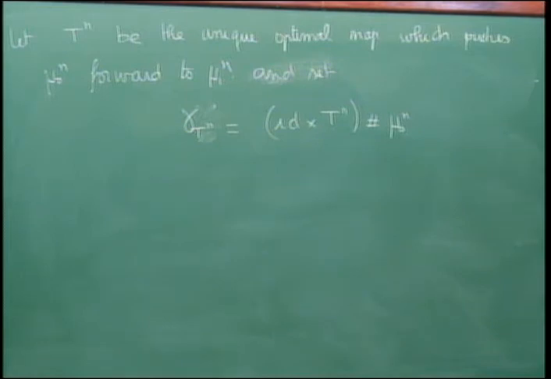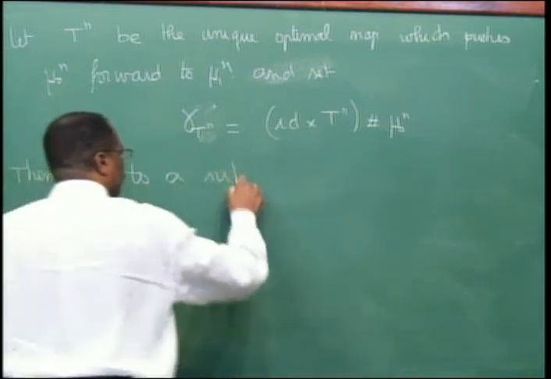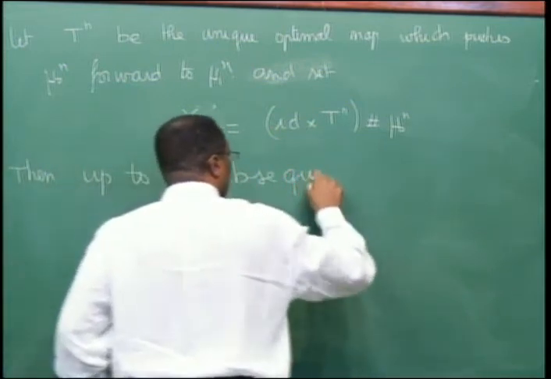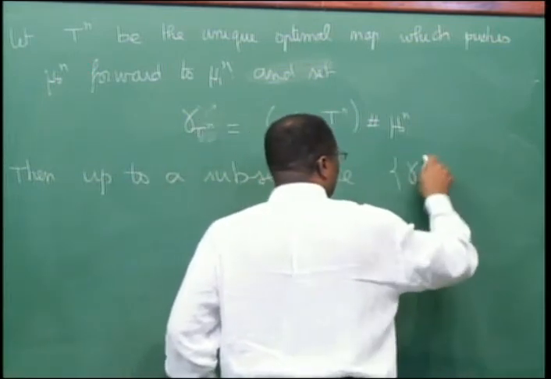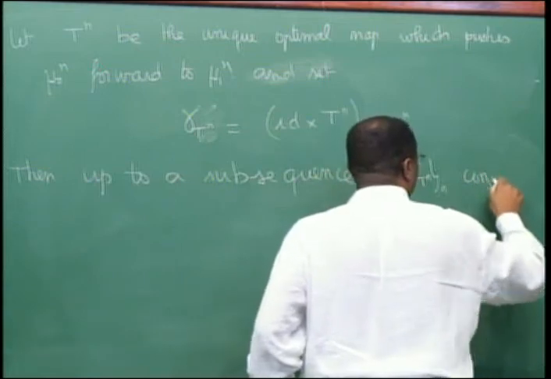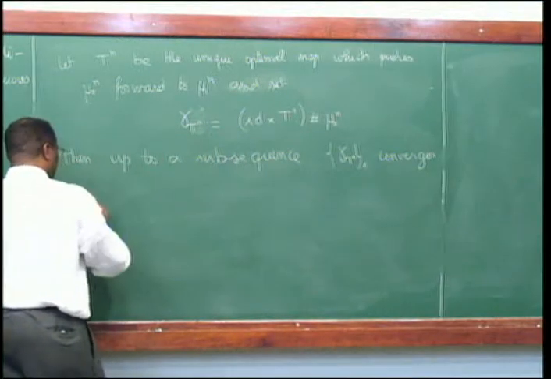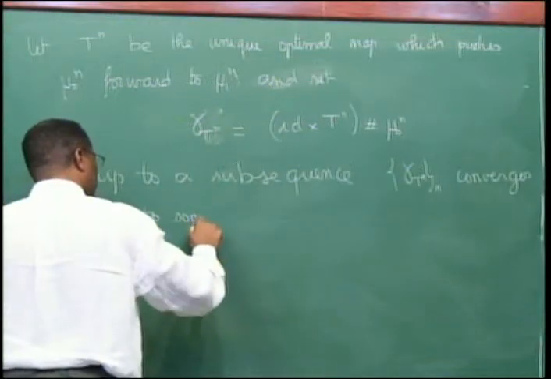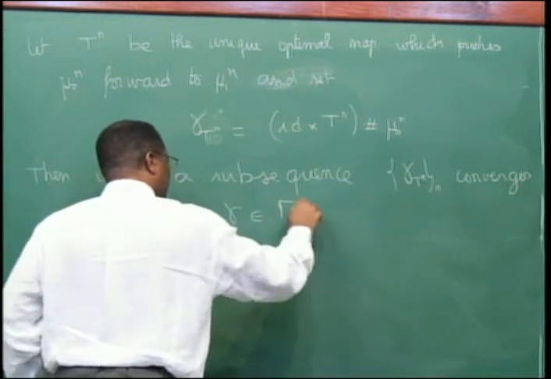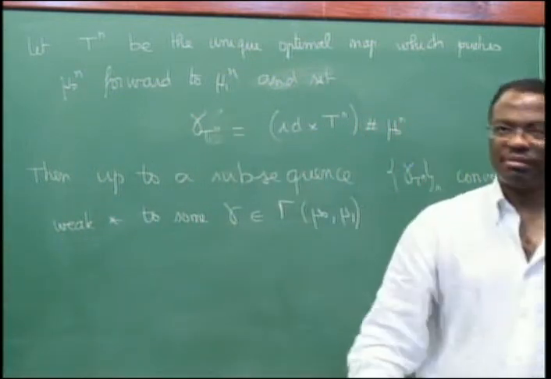Up to a subsequence, gamma Tn converges weak star to some gamma which has mu naught and mu1 as marginals.